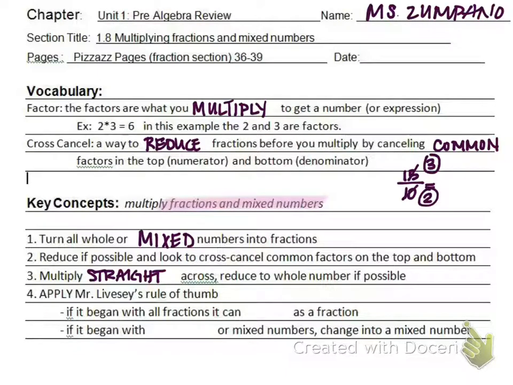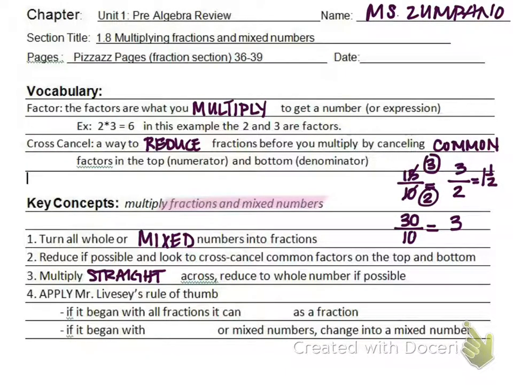So we would get a fraction then of 3 halves, which can be converted into a mixed number of 1 and 1/2. Now, in this case, we couldn't reduce it all the way down to a whole number, but if we had something like 30 over 10, we can reduce this into a completely whole number, and this does reduce by 10 on each and give us 3 as our whole number. So just organizing that to say, if we can, reduce it all the way down.